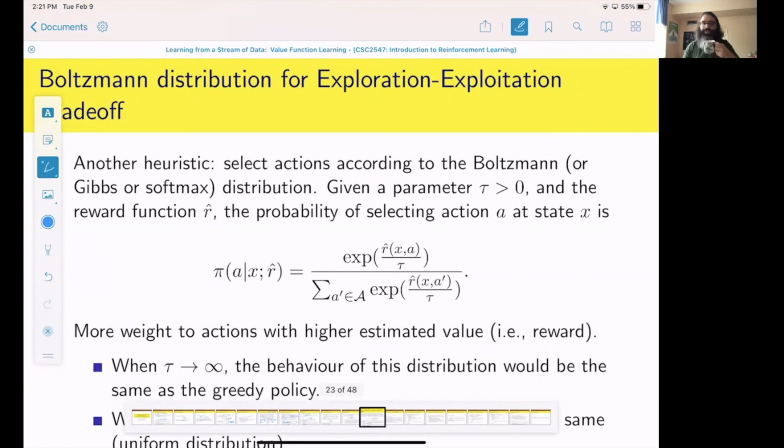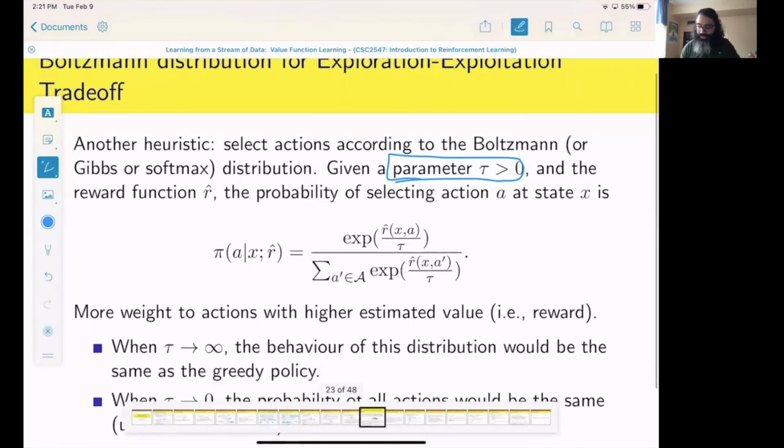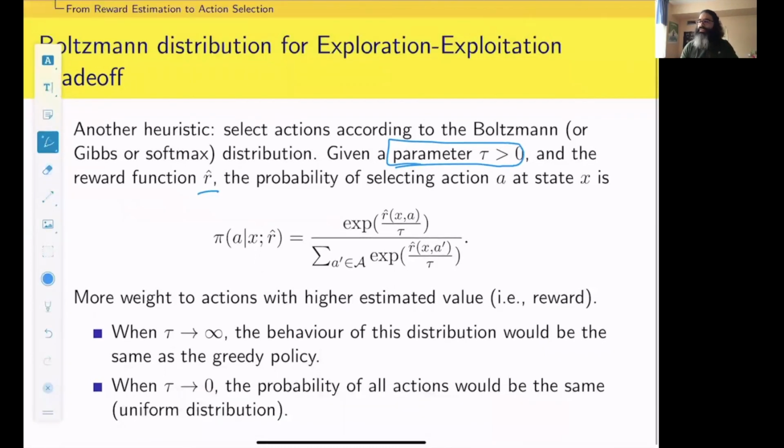So what's the Boltzmann distribution? Given a parameter tau and a reward function r hat, the probability of selecting action A at state x is like this.